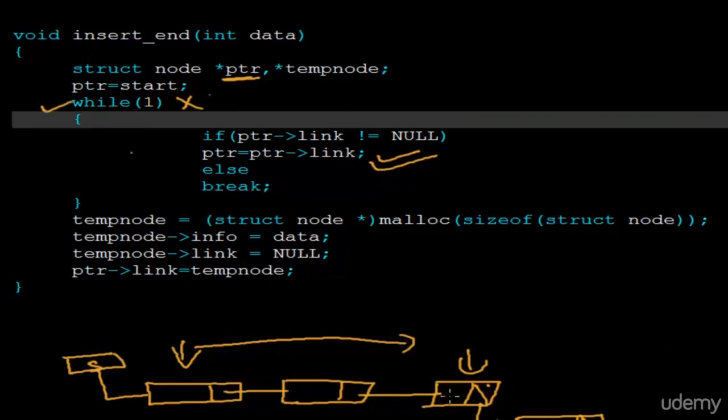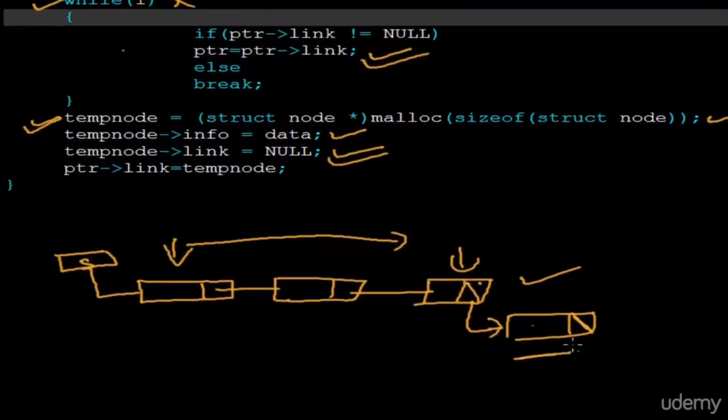Once we are at the end of the list, then we are simply allocating memory for a temp node. Then in this temp node we are copying the data which we are taking as a parameter inside this function, which can be a user input as well, writing a null to this temp node, and at last we are copying the address of this temp node into this ptr.